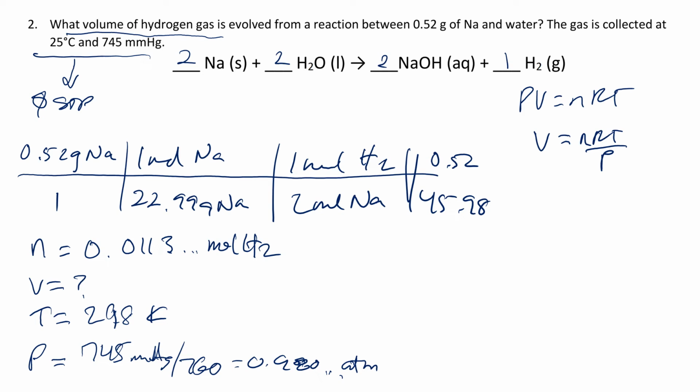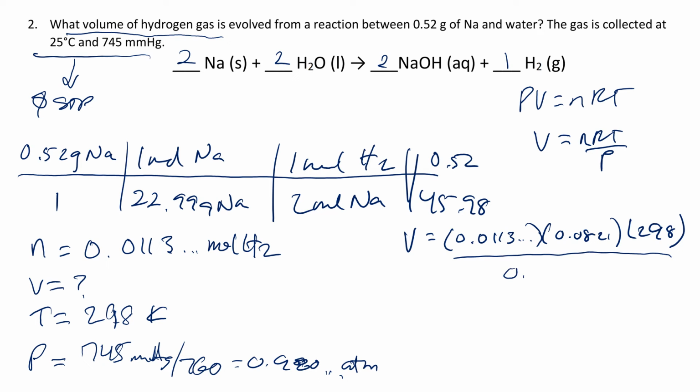So my volume equals 0.0113 times my R, 0.0821, times my temperature, 298, divided by my pressure, the 0.980. So do that really quick.